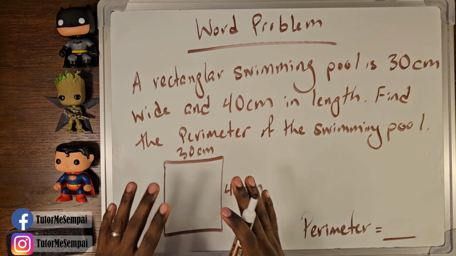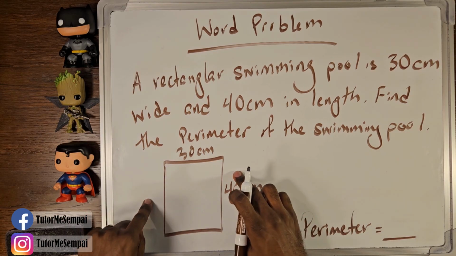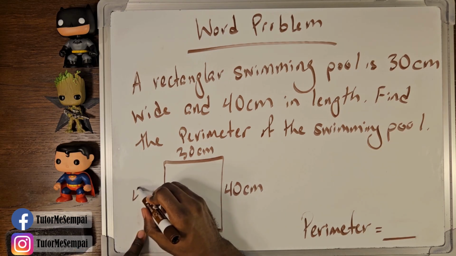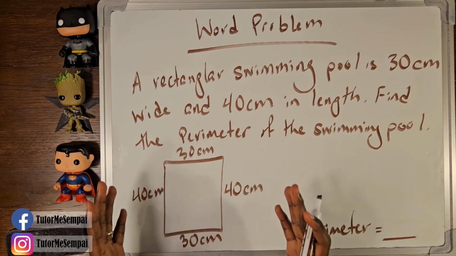Because we know that this is a rectangle and rectangles have the opposite sides being equal, we know all of our missing sides. So this is also going to be 40 centimeters and this is also going to be 30 centimeters. So now we can find our perimeter.